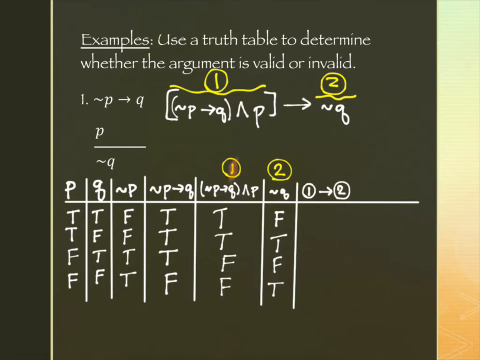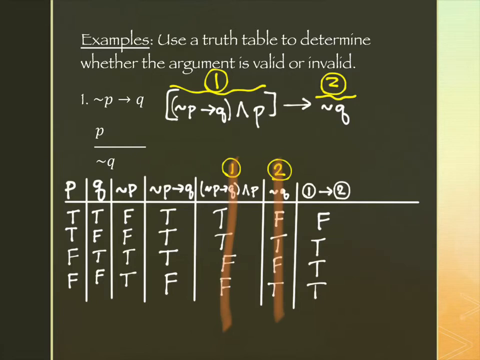So now we're taking column 1, and we're doing an if-then statement to column 2. The first one says true implies false. That's false. The second one says true implies true. True. And then the third and the fourth one both start out false, which means they're true. Good.